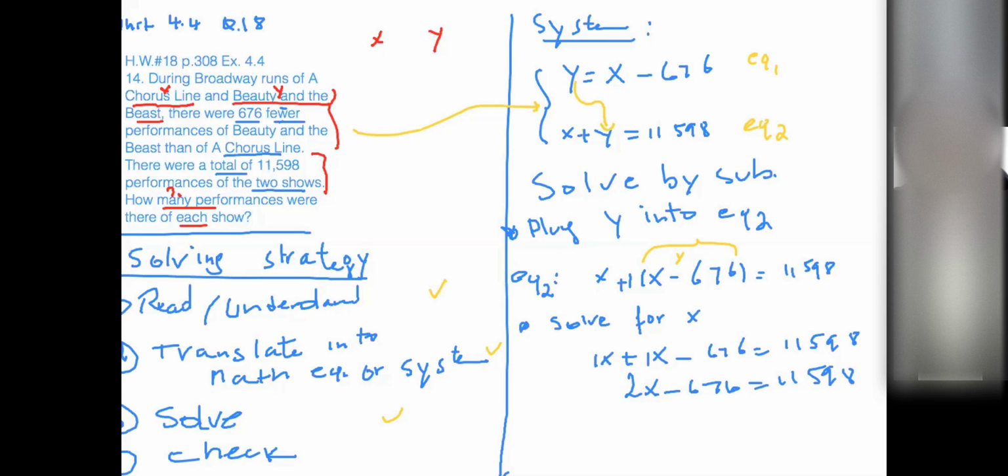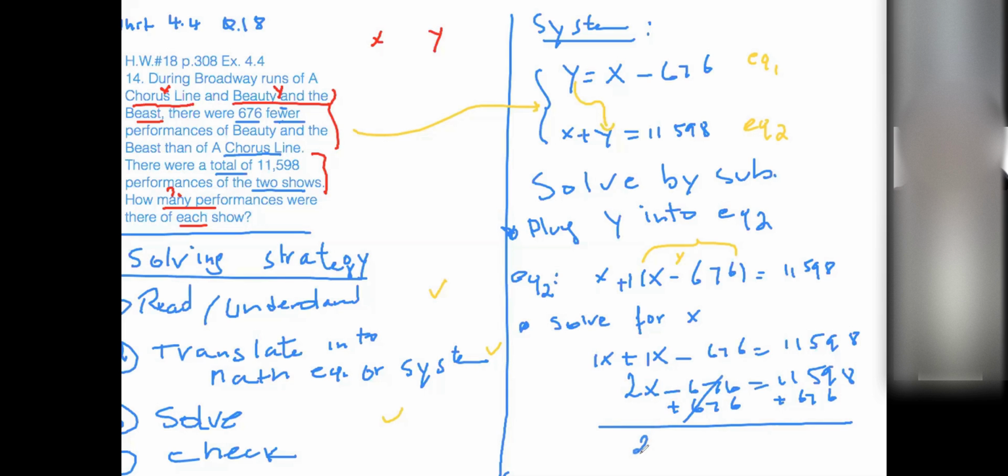What else? Then you add the 676 on both sides. That's right. We're going to get rid of this by adding it. Can someone do the math for us quickly and add these two? So these cancel out.